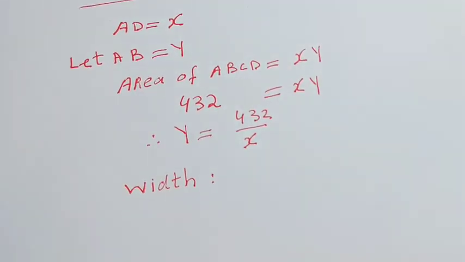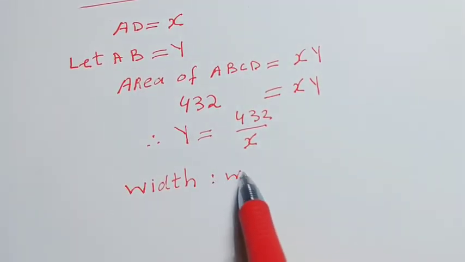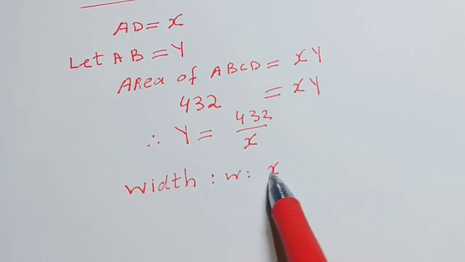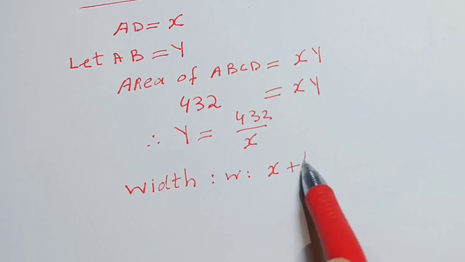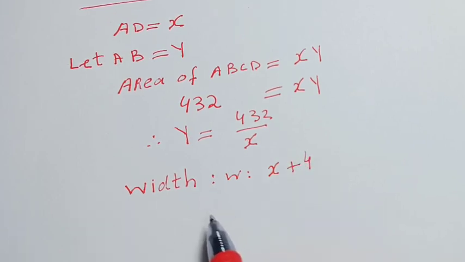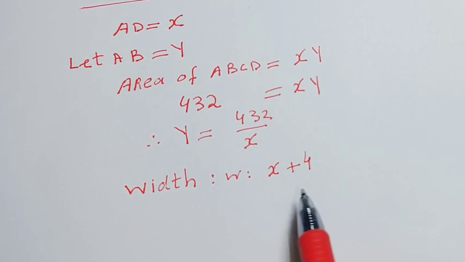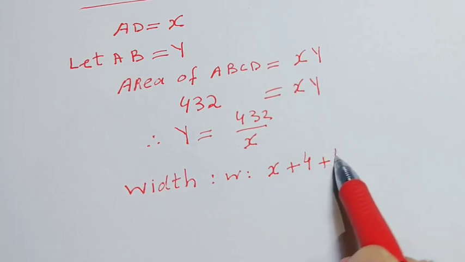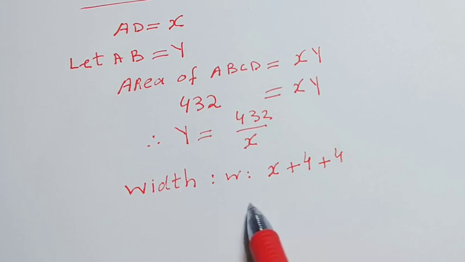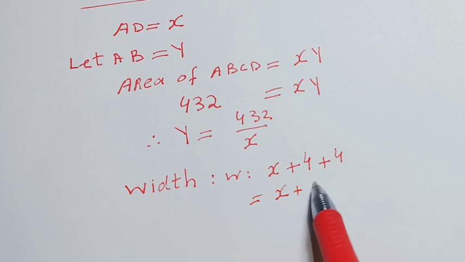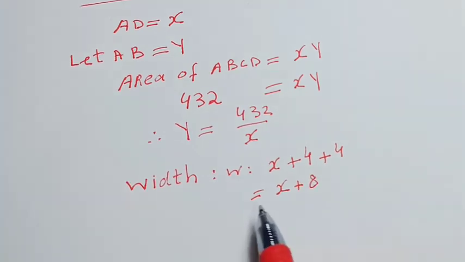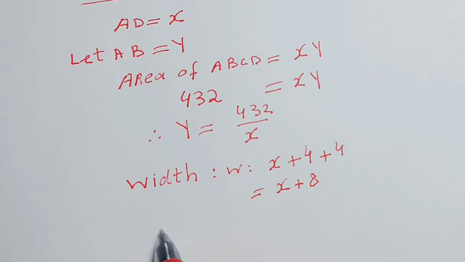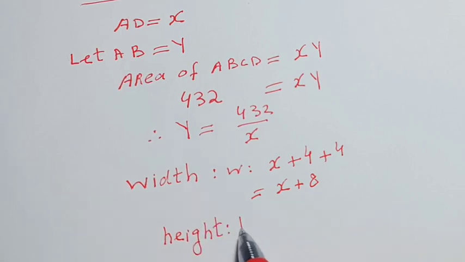So the width, which I denote with w, is x plus 4 on either side, left-hand side and right-hand side, plus 4. This is equal to x plus 8. Now we need to find the height, or you can say the length, same thing, which I denote with h.